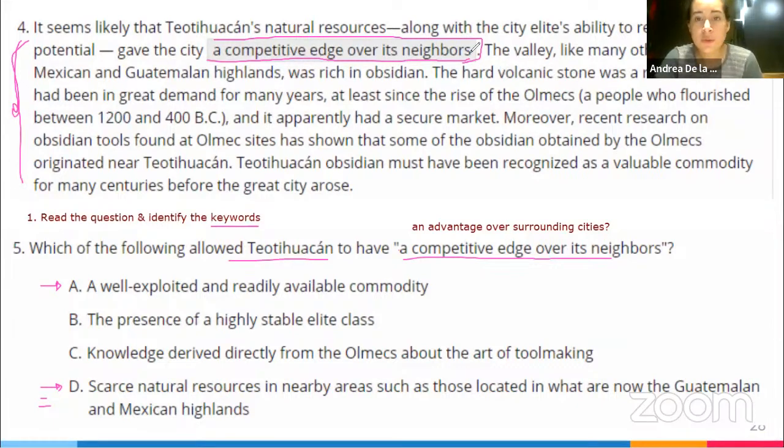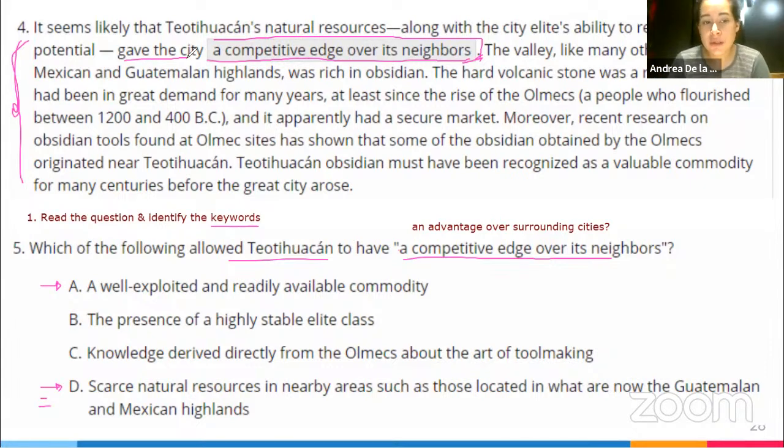So once you have identified the keywords, read the sentence before, the sentence after, and the sentence that contains the keywords. It says, it seems likely that Teotihuacan's natural resources, along with the city elite's ability to recognize their potential, gave the city a competitive edge over its neighbors.